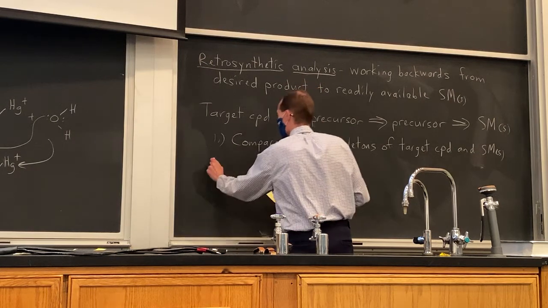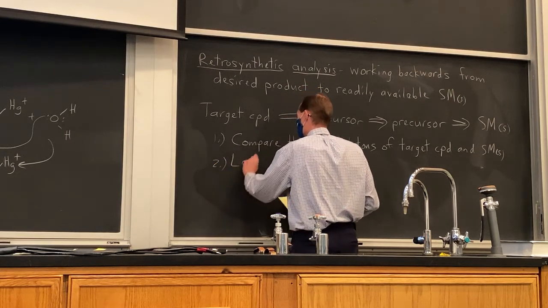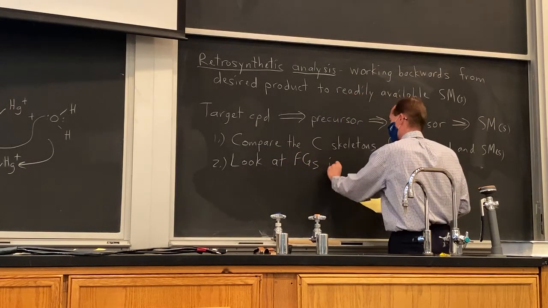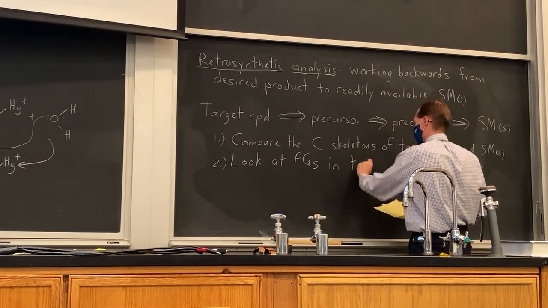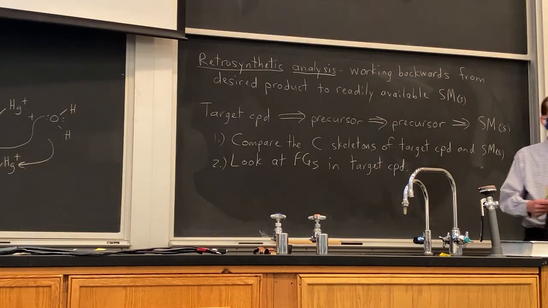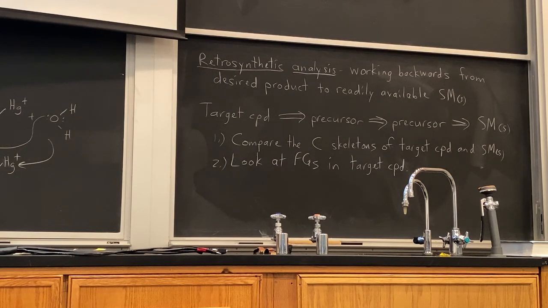So once you've looked at the skeleton, you next want to look at the functional groups in your target compound, okay? And ask yourself, what reactions have I learned to install these functional groups? If you have a ketone, you're going to want to do a hydration of an alkyne.